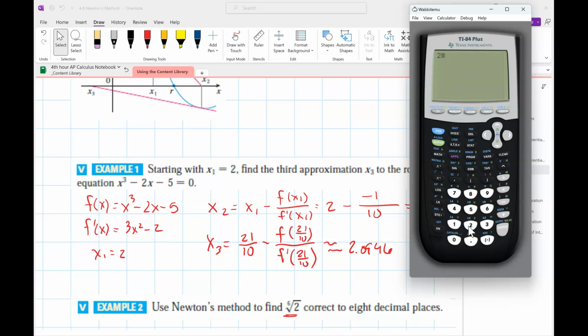Going to exit out of there. I'm going to type in my x1, my starting x value, and then press enter. Now I'm going to type in that formula we were given before. Where it says xn, I'm going to use the ans command on my calculator, so that's second and then the negative sign.